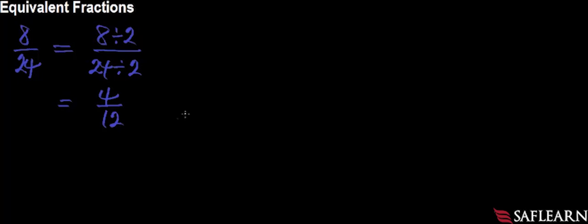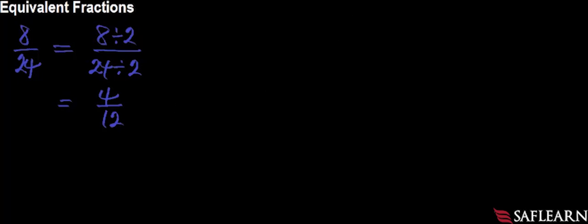So we're going to divide 8 over 24 by 2, and then it means that we're going to have 8 divided by 2 over 24 divided by 2, and this is equal to 4 over 12.